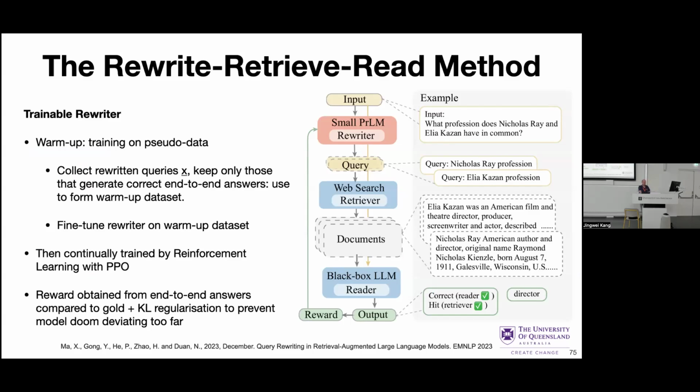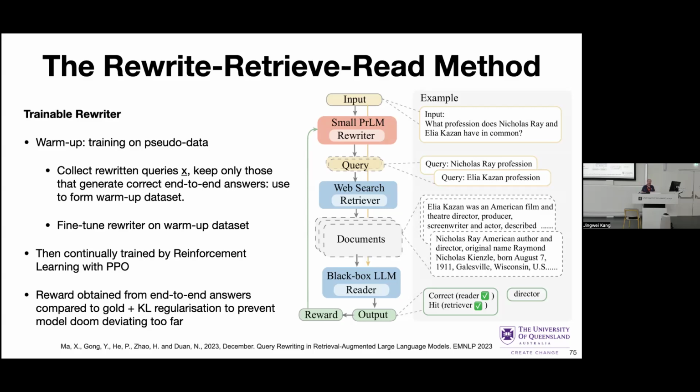What you could do to improve this idea of rewriting queries is to actually train that rewriting, right? So you can do it zero shot, or you can go and train a rewriter. So you can train the rewriter in the example here from EMNLP. You can train that rewriter with a warm-up task where you use some pseudo data.